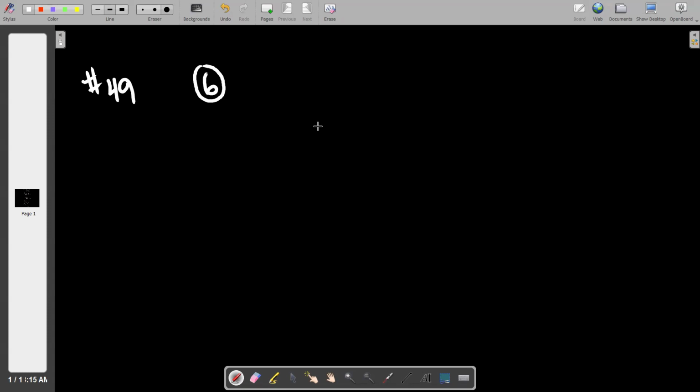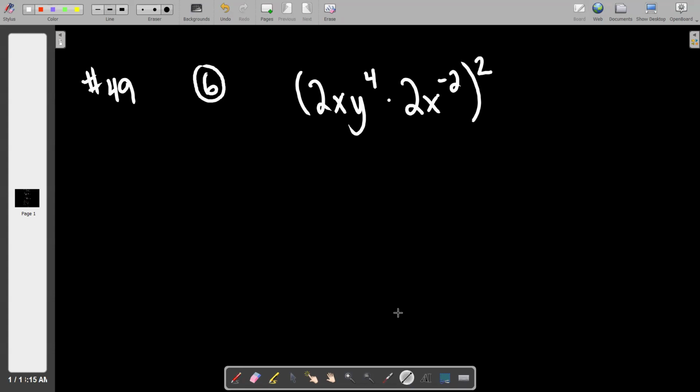So number 6 has a big set of parentheses and it has an exponent on the outside. What number 6 really could have been written as, if the computer had wanted to, is (2xy to the fourth times 2x to the negative second) to the second over (2x to the negative third) to the second.